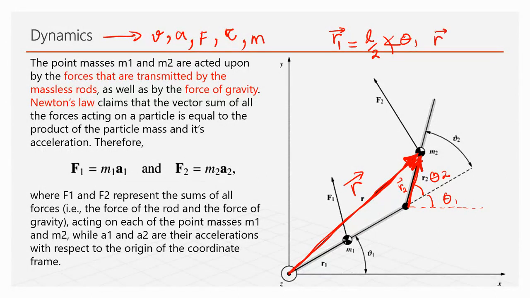For R2, I know the length: this one was L1, this one is L2 over 2, with the angle of theta 1 plus theta 2.